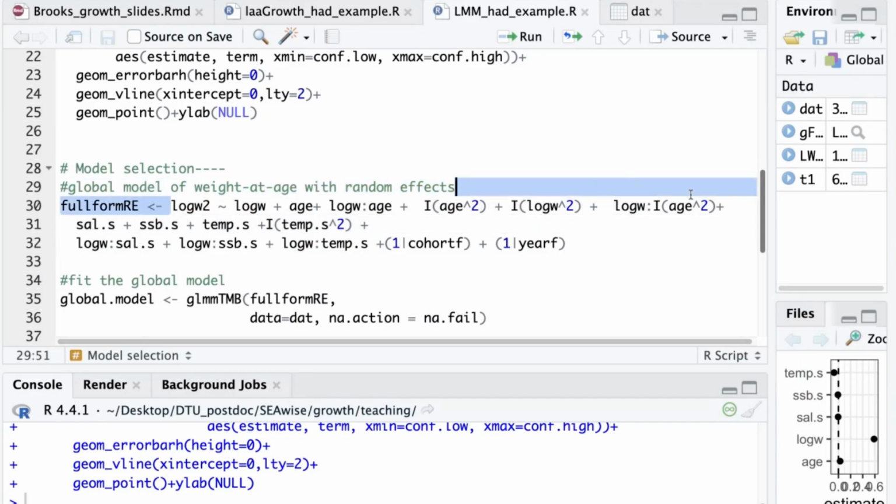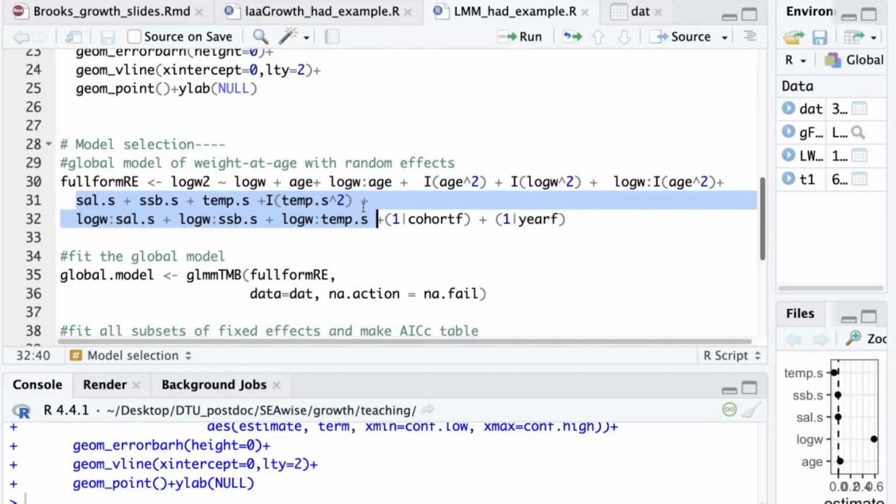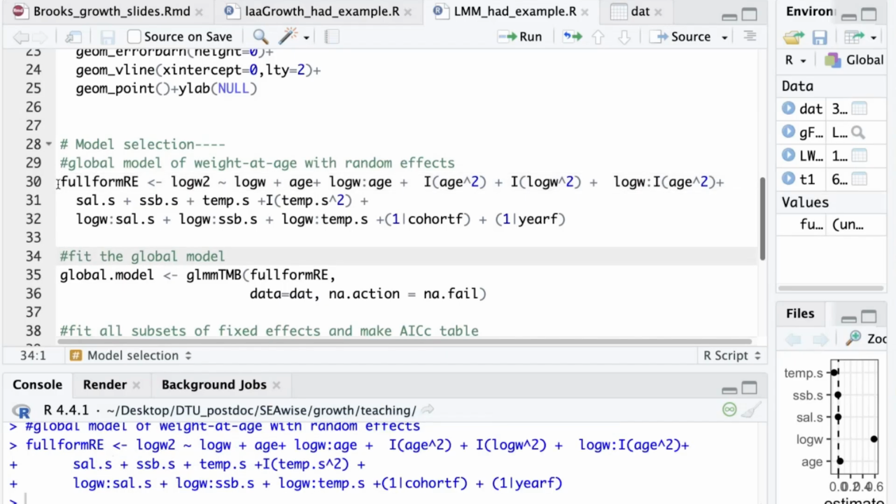The backbone of it is all these terms here, the weight and age combinations of terms, the interactions, and then the environmental effects are these terms. Well, yeah, all these terms are different environmental effects. And so some of them might drop out, but some of them might be included. When we're doing the model selection, it always will keep these random effects in there by default.